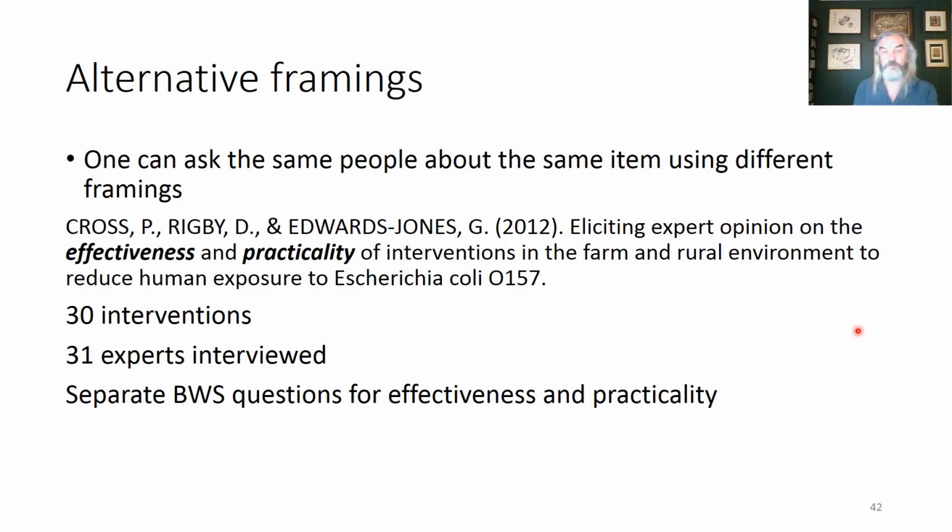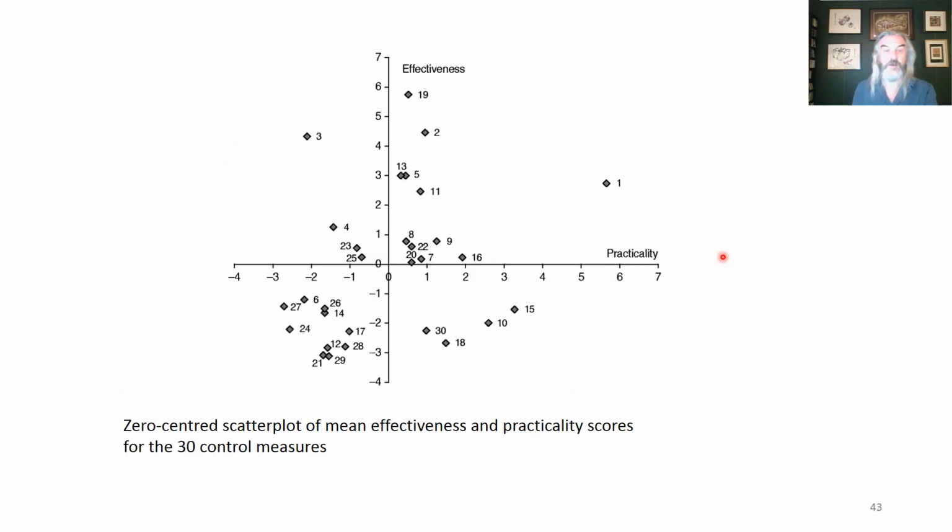And what they can do, which I think is a really neat way of thinking about this, is plot those against each other. This is actually on the scores rather than on the probability measures. They've normalized the mean effectiveness and practicality scores, but what this gives you is some idea of interventions which might be both effective and practical.